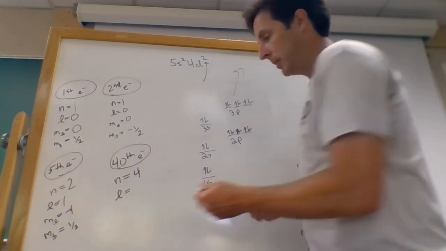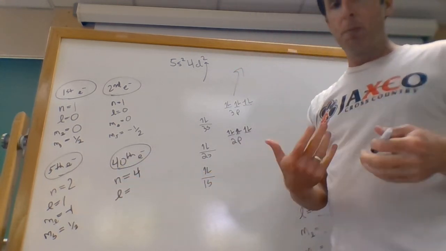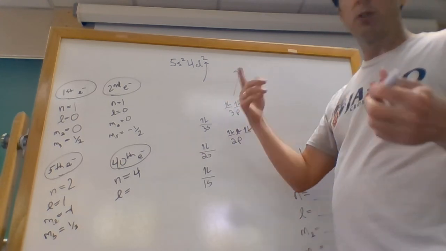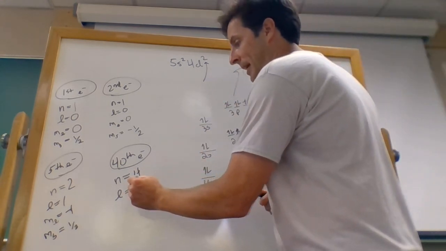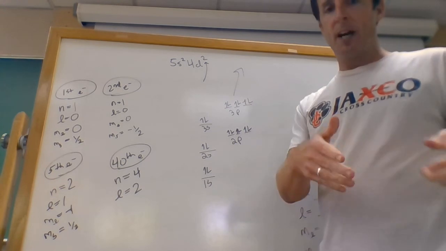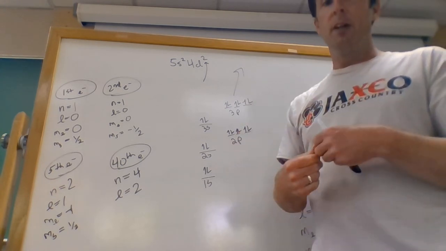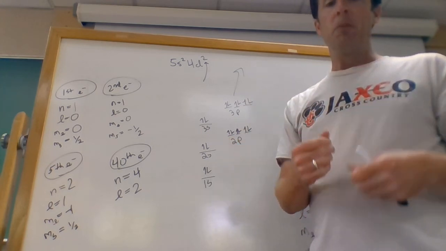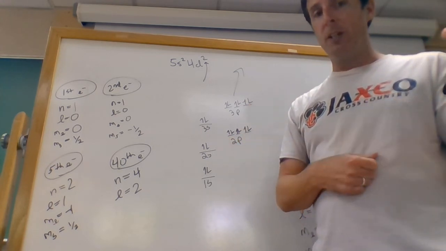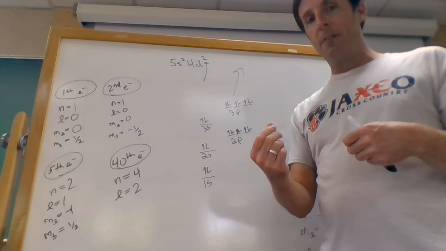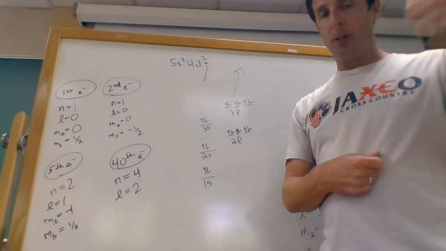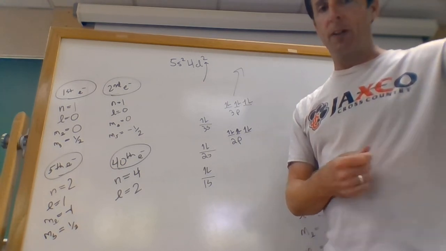L, if it's d orbitals, L equals 2. You just have to memorize that. L equals 0 is S, L equals 1 is P, L equals 2 is D, L equals 3 is F, L equals 4 would be G, L equals 5 would be H. And you can keep going as far as you want theoretically.